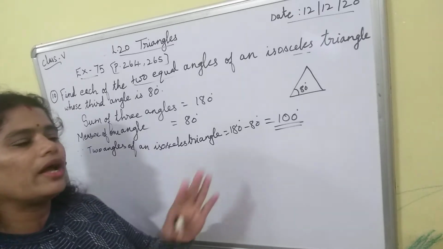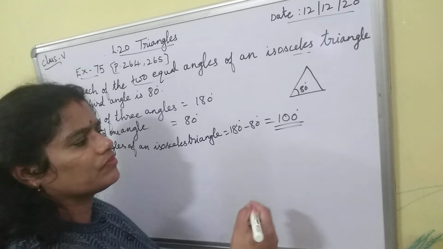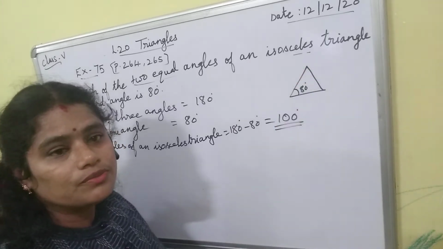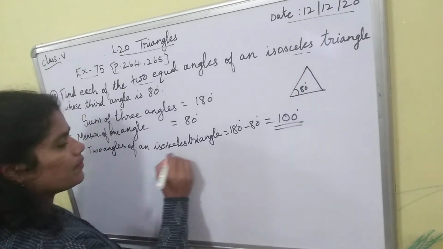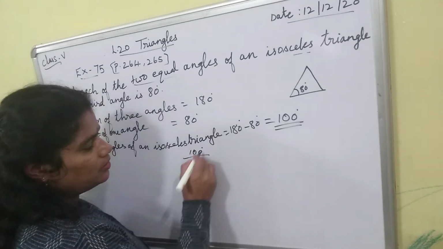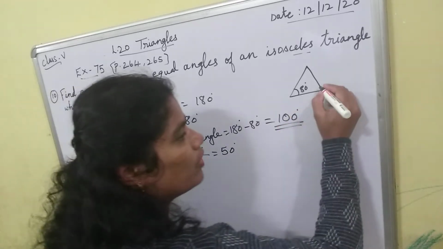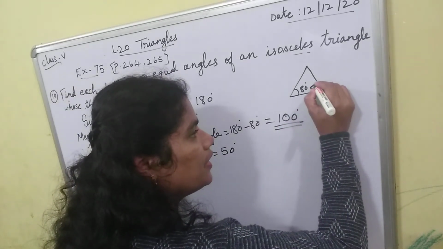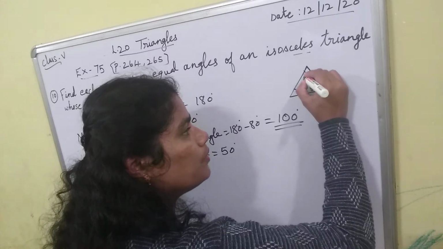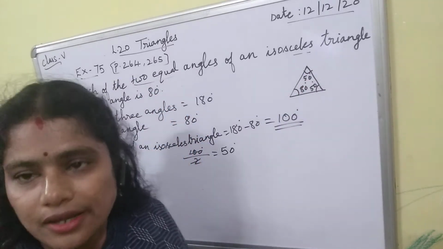So that two angles should be equal. So one angle equals 100 divided by 2. It will be 50 degrees. Is it clear? So one angle should be 50 degrees, then another angle also should be 50 degrees. 50, 50, 100 plus 80, 180.